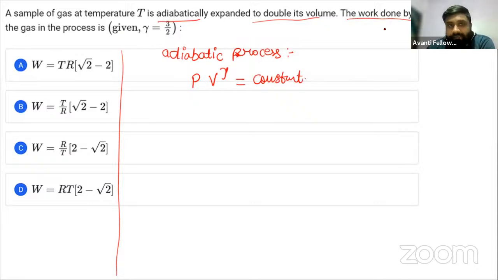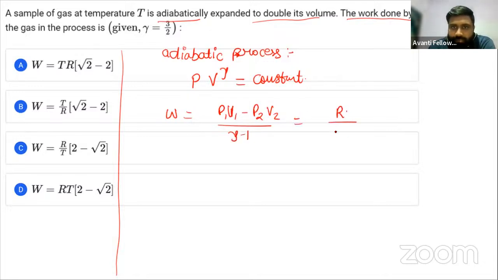We also know that the work done in an adiabatic process is given by (P1 V1 minus P2 V2) divided by gamma minus 1, or mu R upon gamma minus 1 times (T1 minus T2). Mu depends on the number of moles, so I'm writing it for 1 mole.